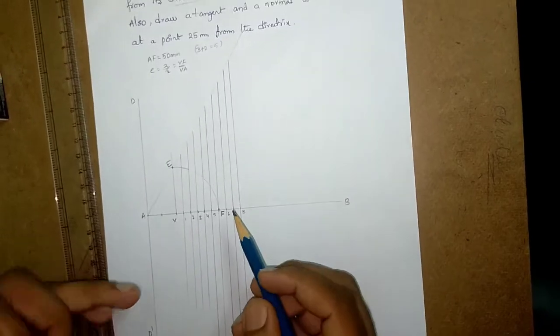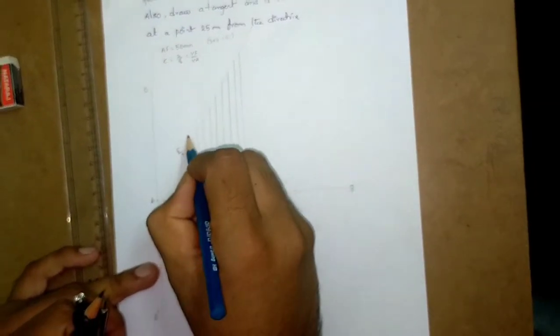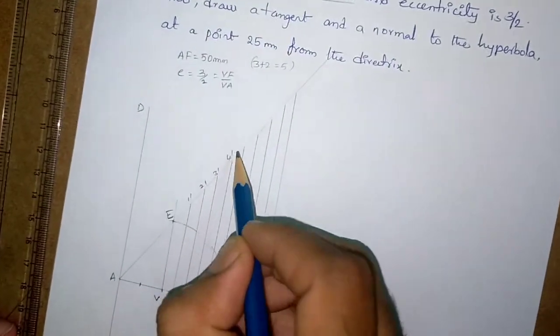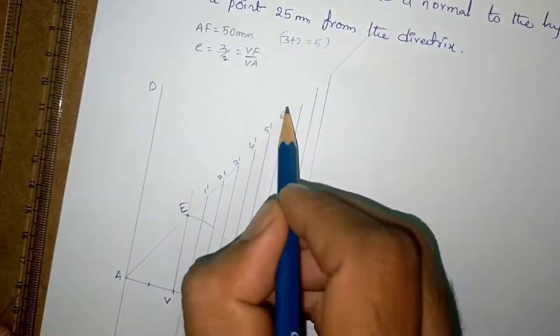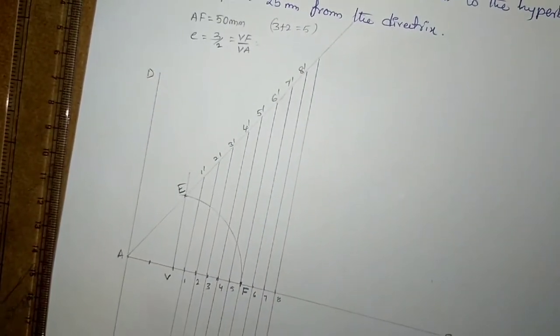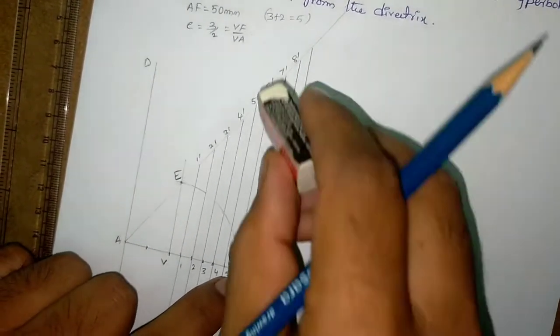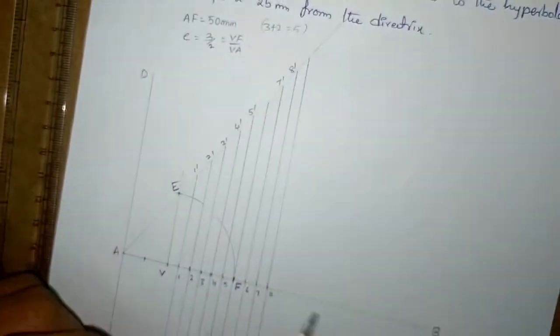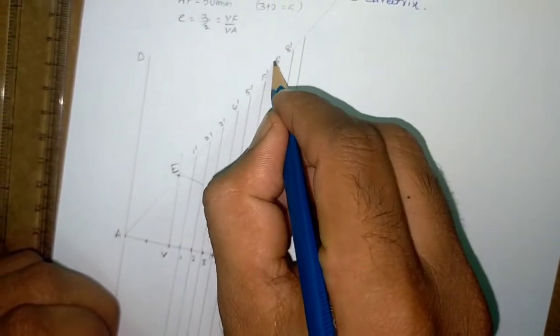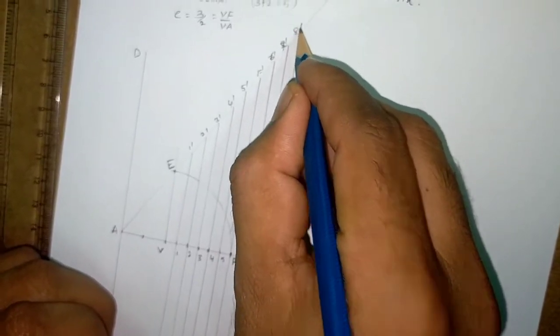Now the intersection points are 1 dash, 2 dash, 3 dash, 4 dash, 5 dash, F dash, 6 dash, 7 dash, 8 dash.